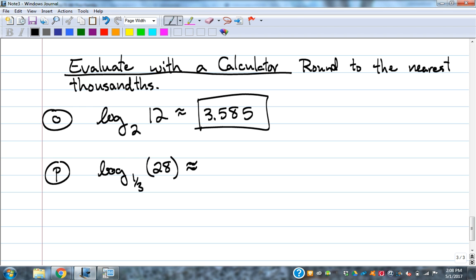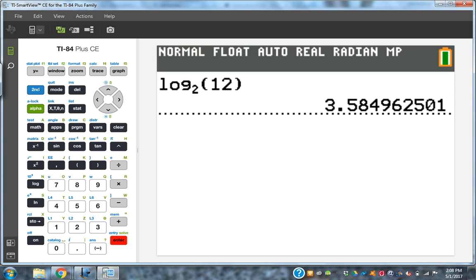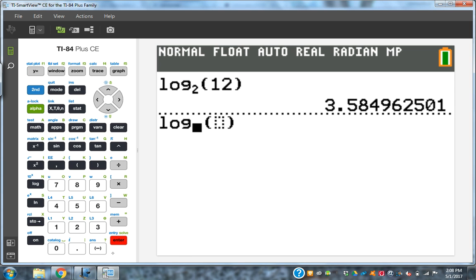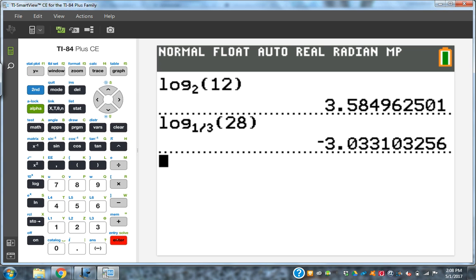So with the calculator, we're going to do that log base thing again. Math, log base, and then in the bottom box, I'm going to put 1 divided by 3 for 1/3, and then 28 in the top box, and hit enter. And it cranks out a negative. It's a little bit further away from 0 than -3 would have been.